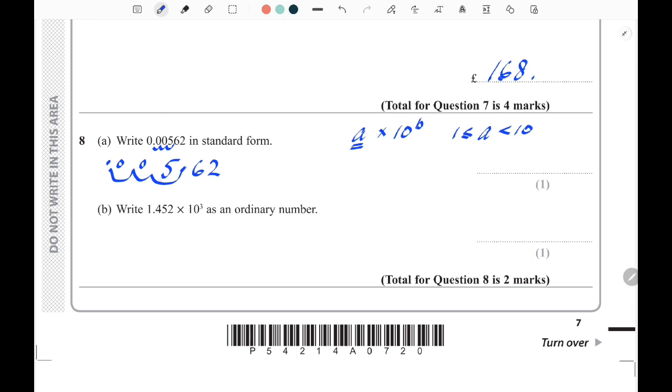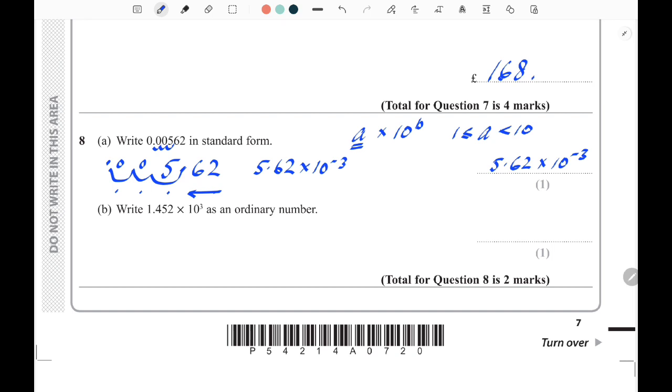Okay. And so effectively that means in order to get back to a smaller number, 0.00562, you take 5.62 times 10 to the minus 3. All right. Because with that number, you need to move the decimal place to the left, making the number smaller. So it's 10 to the minus 3.